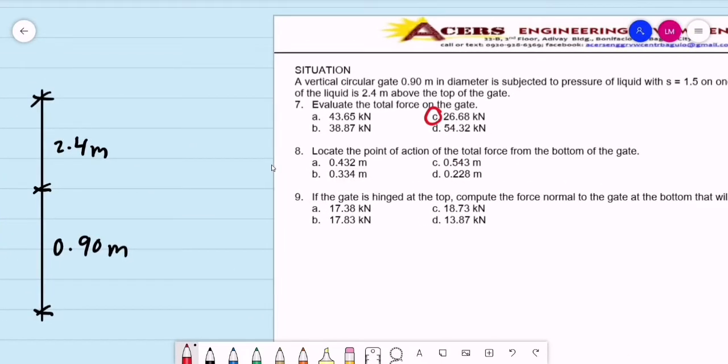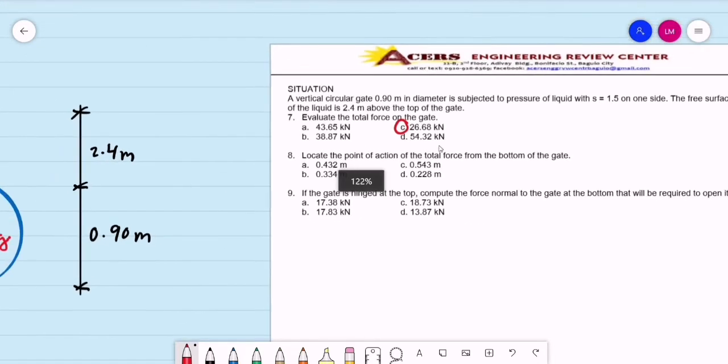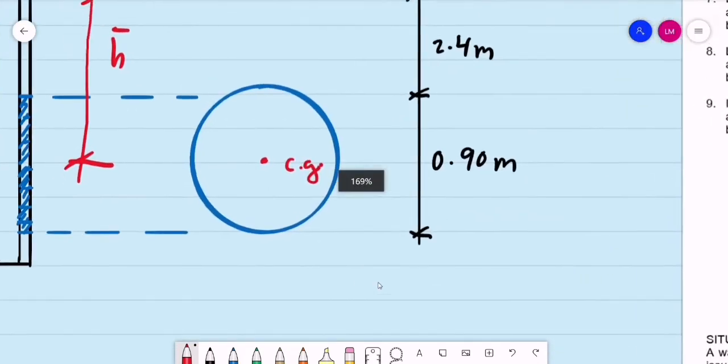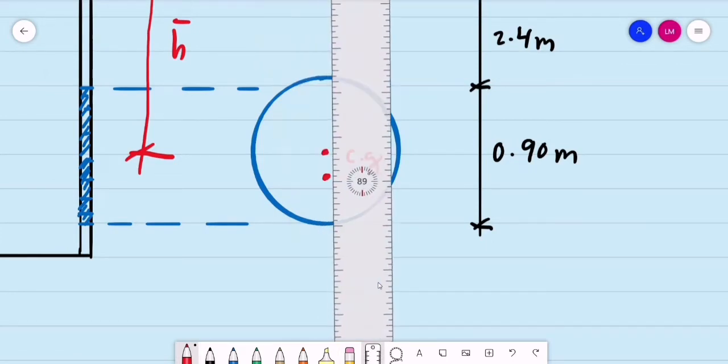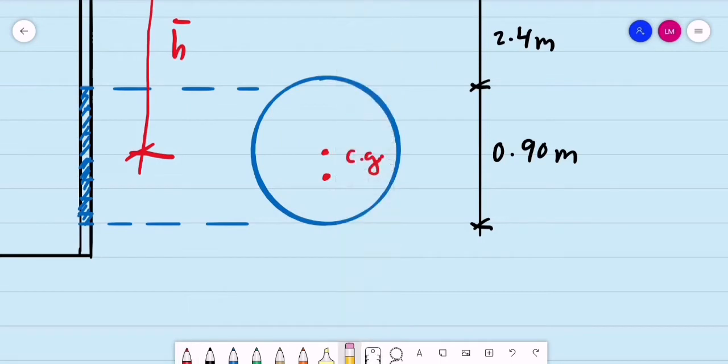Locate the point of action of the total force from the bottom of the plate. So, alam natin na yung point of action ng total force is on the center of pressure. Okay, so ito yung center of gravity. Yung center of pressure is below the center of gravity.